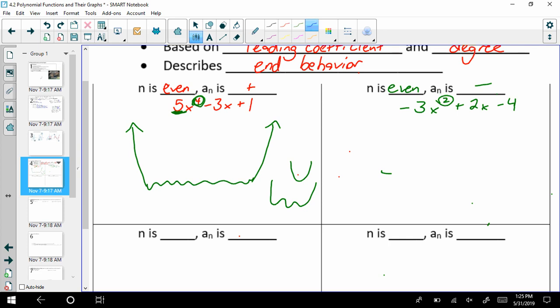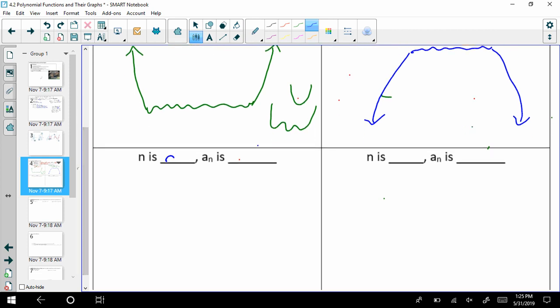Well, maybe you already know this, and you should know this from when we talked about parabolas last time. We said if a was negative, the graph opened downward. So I know either side of the graph will be going down. I don't really know what would be in the middle. It depends on what the exponent is. But I know the ends will go down.